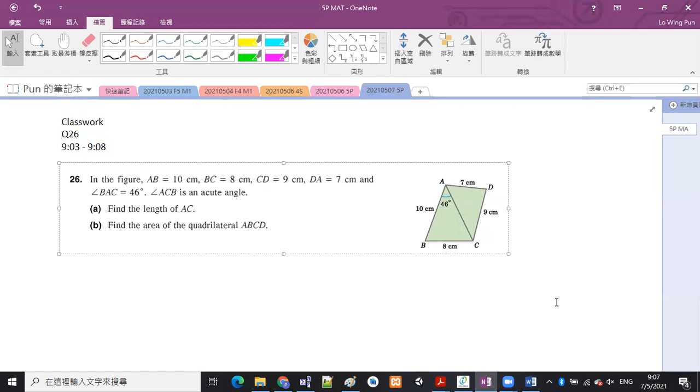Then you can use the angle sum of a triangle to calculate angle B. Finally, when you have angle B, you can use the cosine formula or another round of sine formula to calculate AC. That's like this. Do you understand what I mean? You have no choice. You can just do it like this.